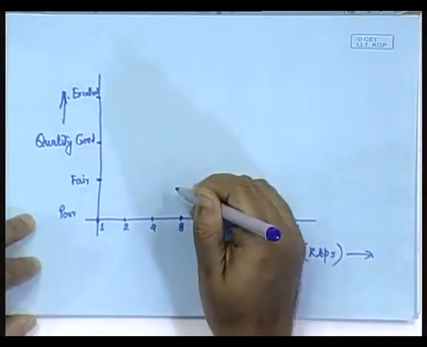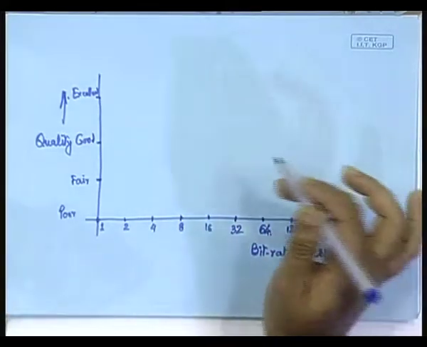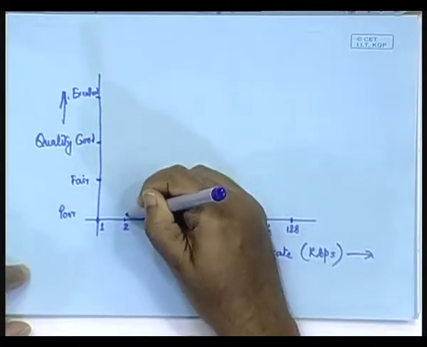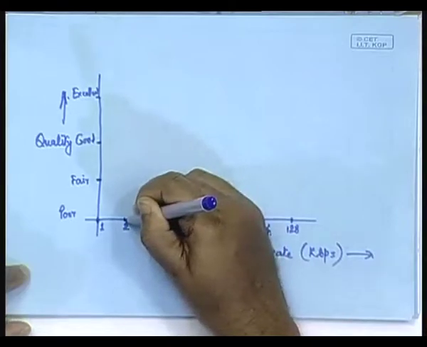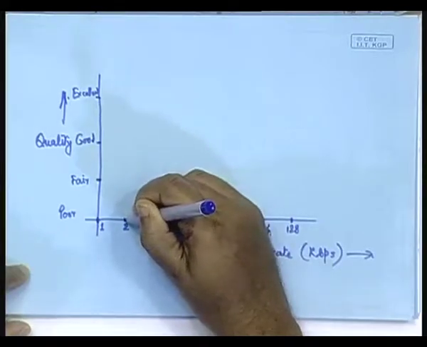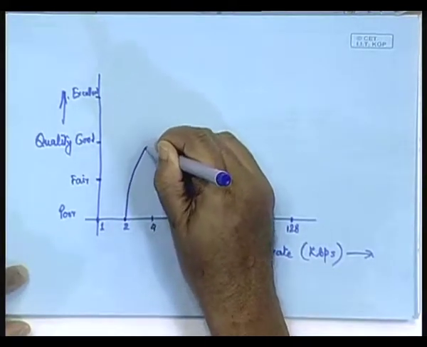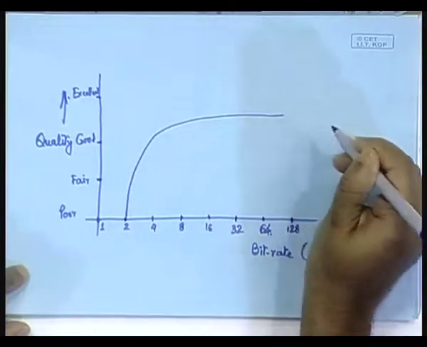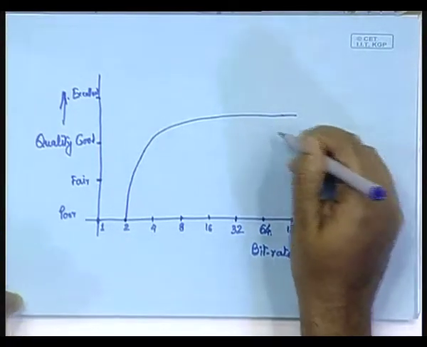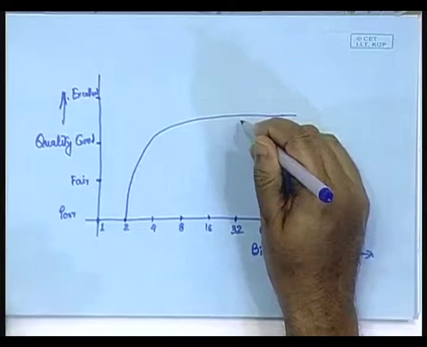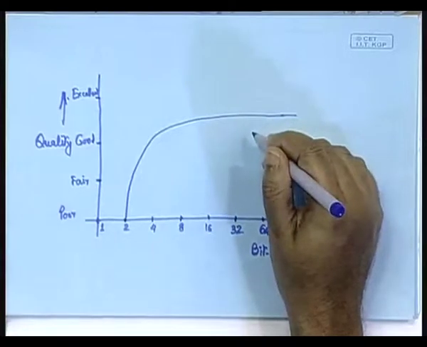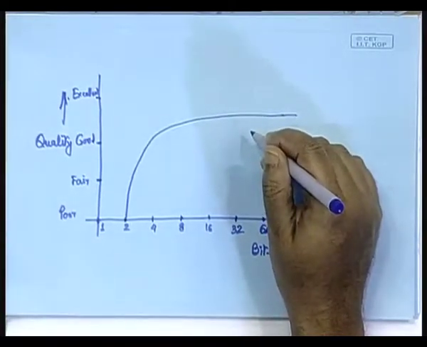So, if we draw a curve, based on a number of listeners' observations, the listeners normally tend to have a rating something like this: at 2 kilobits per second, they would definitely call the presentation poor, but when you go in for a higher bit rate, your quality improves. But beyond a certain point, like here after 32 kilobits per second to 64 kilobits per second, the improvement may be just marginal.